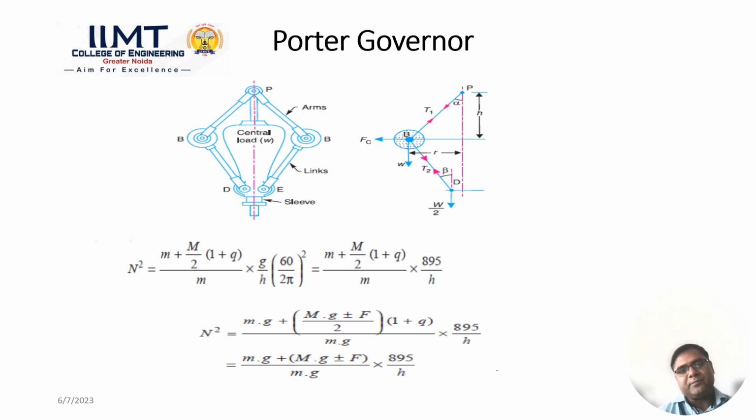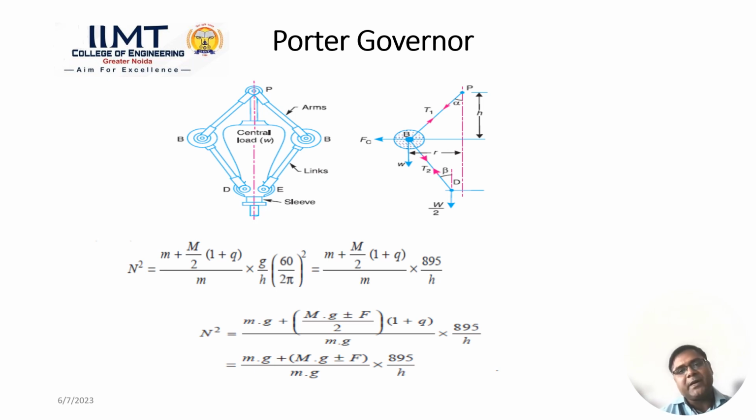Another diagram shows the different forces acting, the free body diagram. In this case, we are taking half portion of the governor. So the half load W by 2 acts at point D. The total load on the central sleeve is W, and the half load is W by 2.